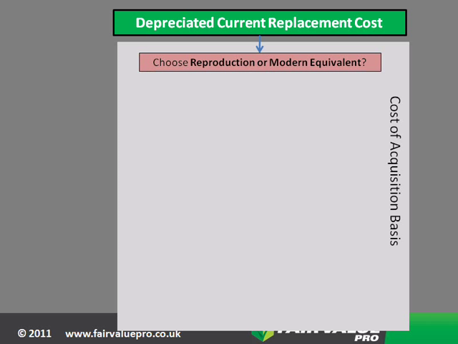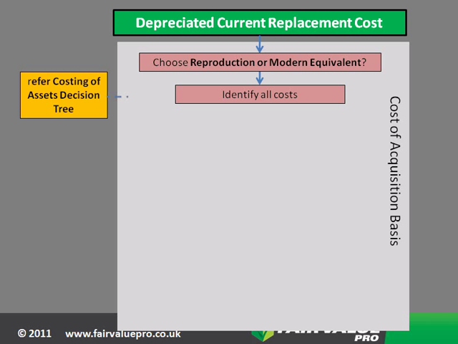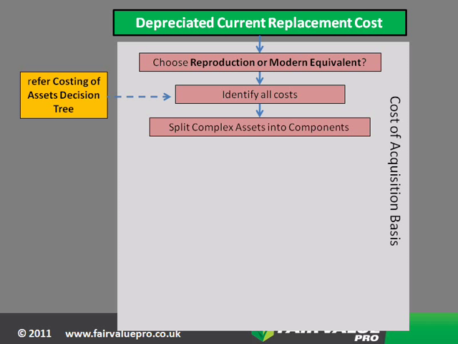To determine depreciated current replacement cost, the steps are: first, decide whether replacement would occur either by reproduction or via a modern equivalent. This step is critical to determining the gross current replacement cost. Identify all of the costs of the asset. Further guidance can be obtained from the decision trees available from the Fair Value Pro website. The asset then needs to be split into its various components.